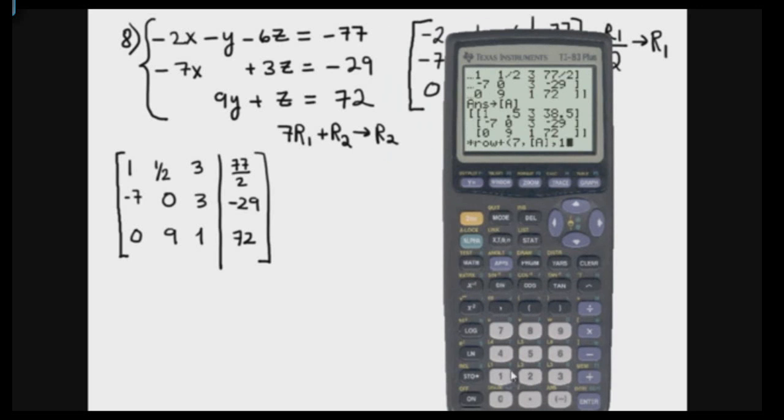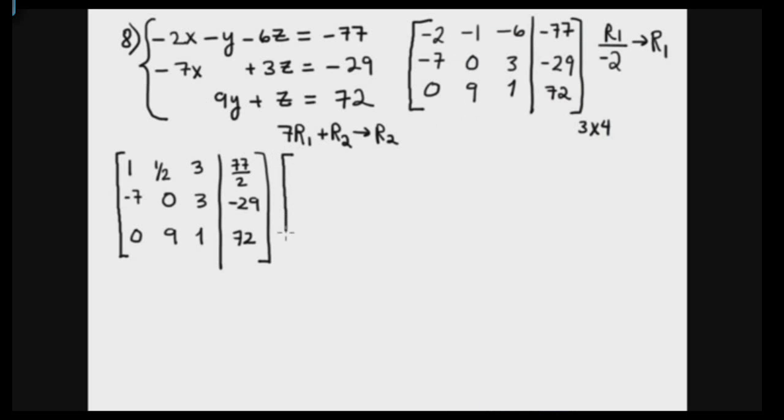Enter. There you go. If you want to express it in fractions, press math fractions. Okay, perfect. Okay, we have now, remember the only row that changed now is row 2. Row 1 stays the same, row 3 stays the same.